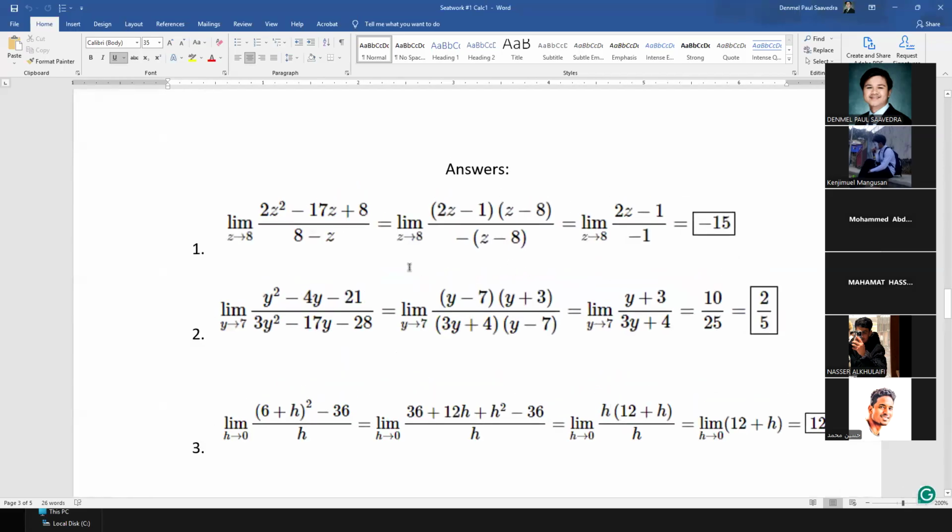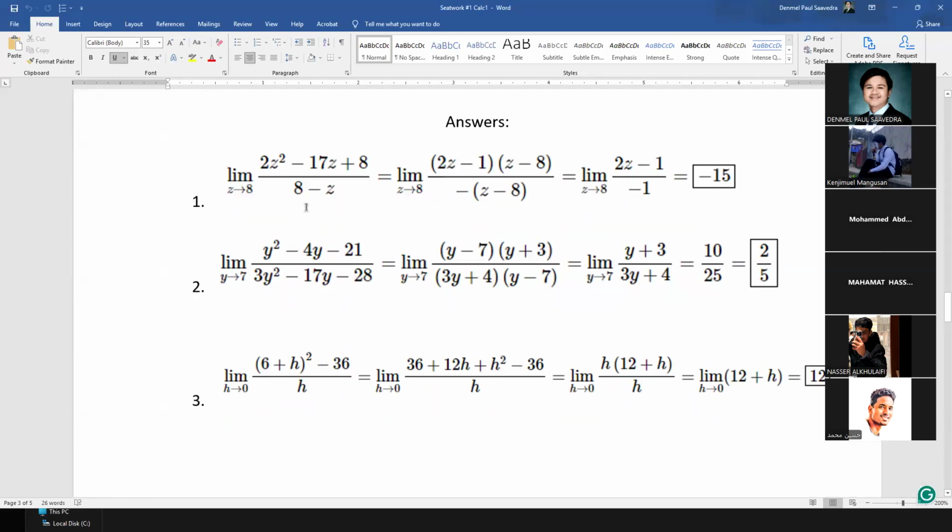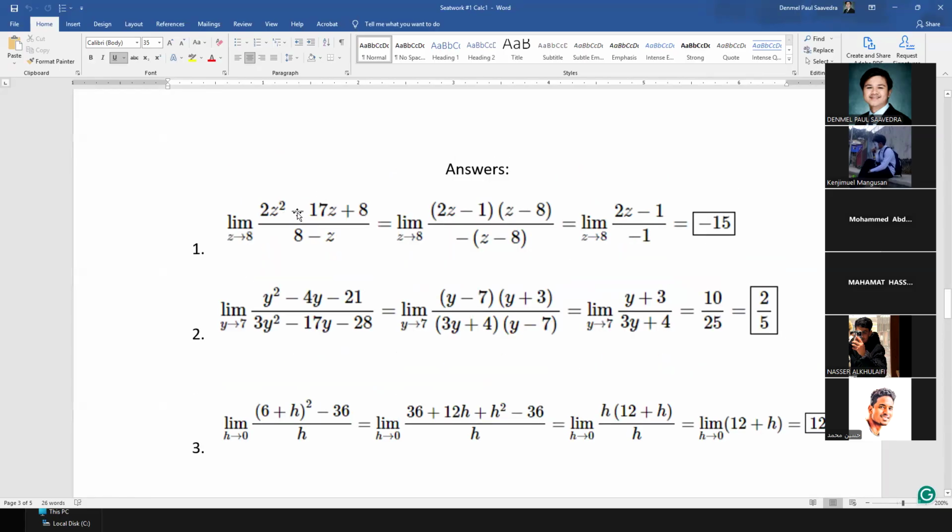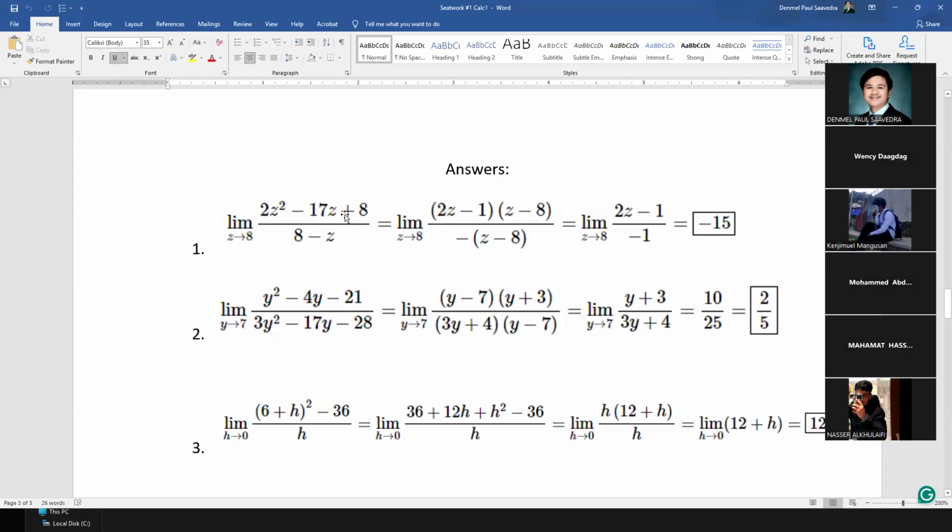So here are the solutions for 1, 2, 3, 4, and then 5. This is the first one. We can factor this out: 2z squared minus 17z plus 8 into 2z minus 1 times z minus 8. Same thing here, we tweak the denominator by multiplying it by negative, so that we have z minus 8 the same as in our numerator.